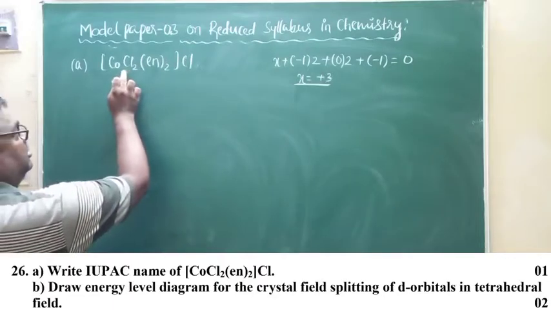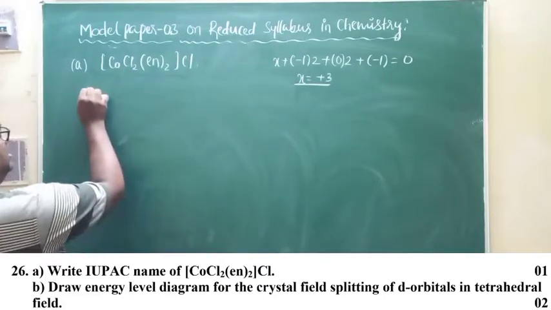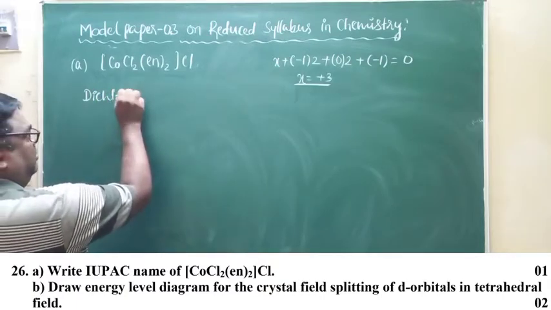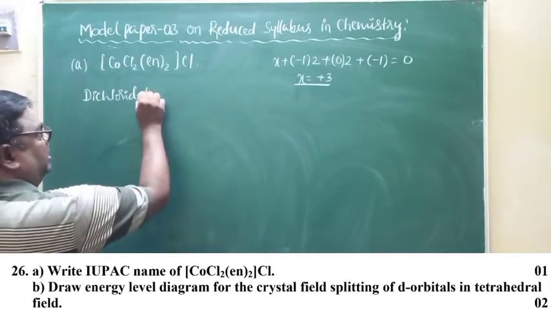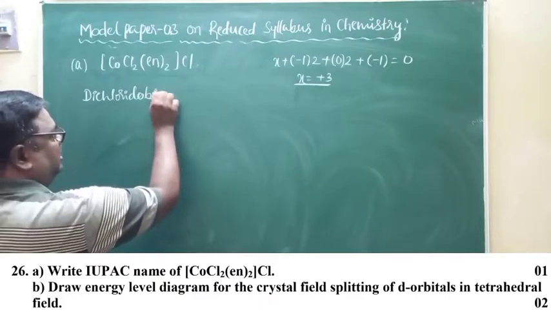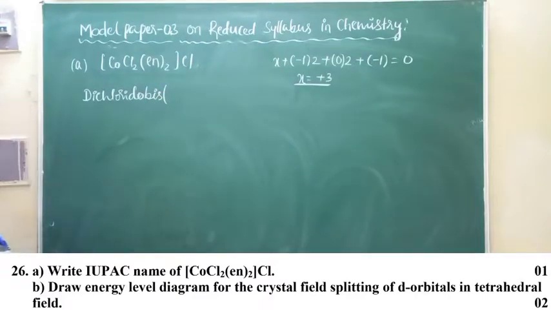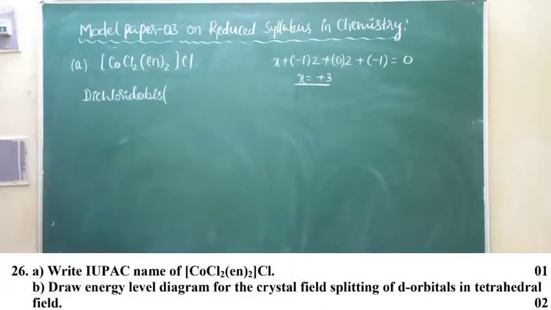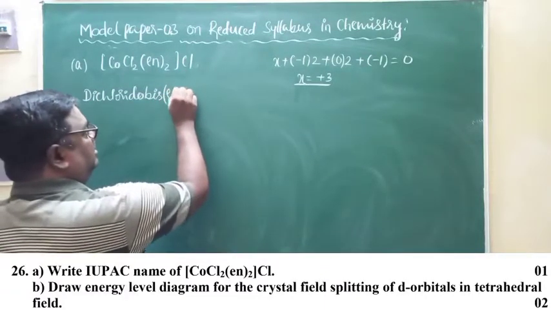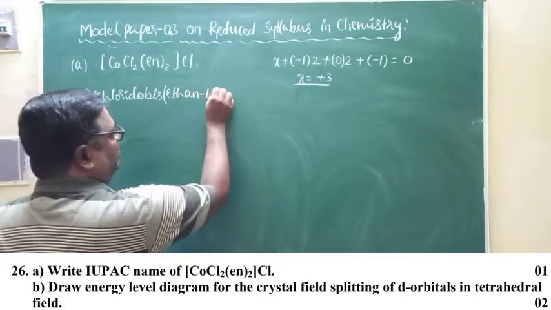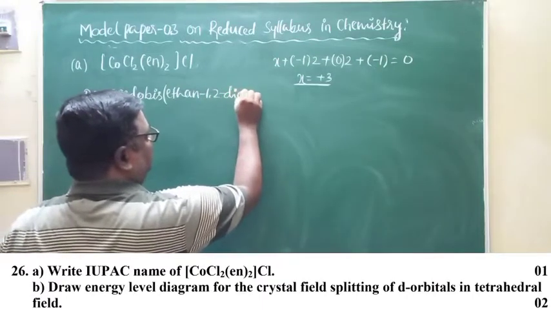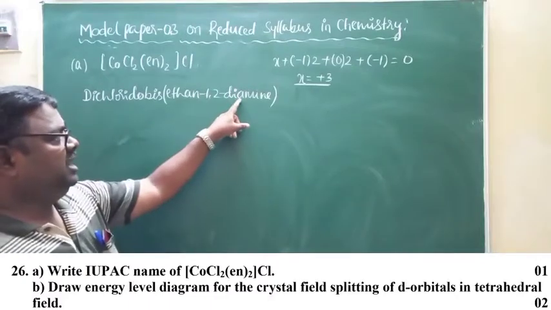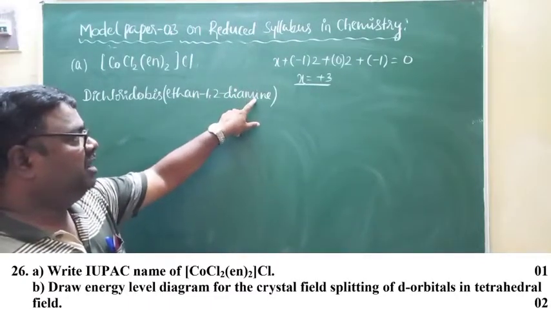While naming complexes, you have to name the ligands first. That is dichlorido, we have 2 chloride ligands. Then it is bis, because we have 2 ethylene diamine molecules, bis(ethane-1,2-diamine). Check the spelling: D-I-A, single A, single M, I-N-E.